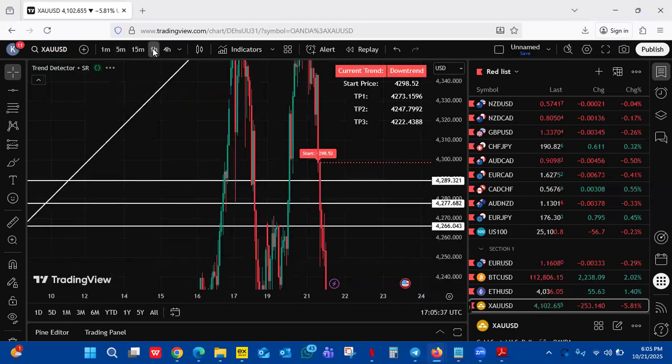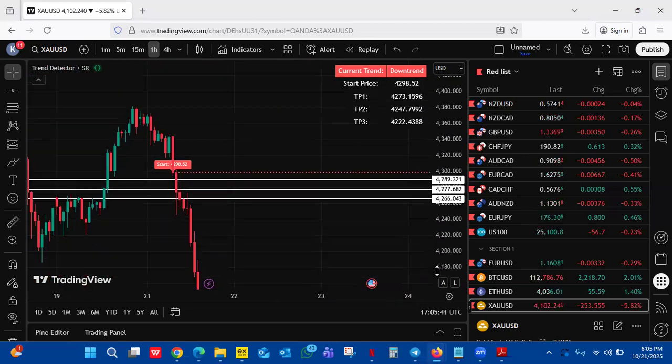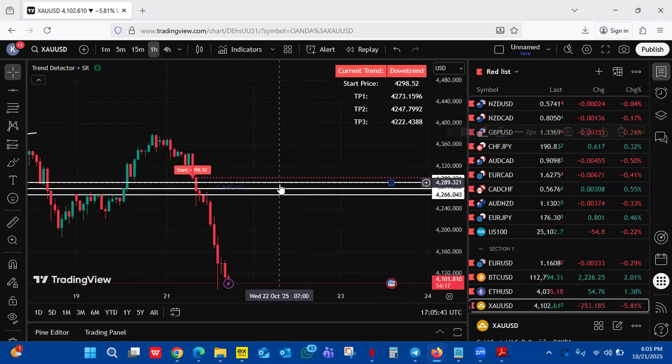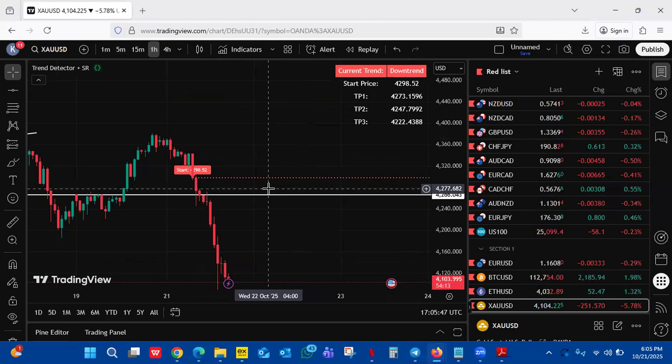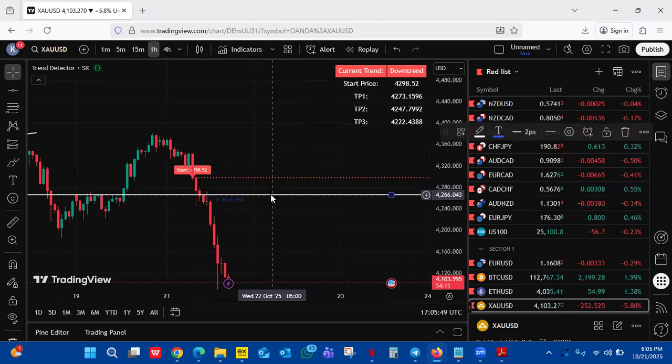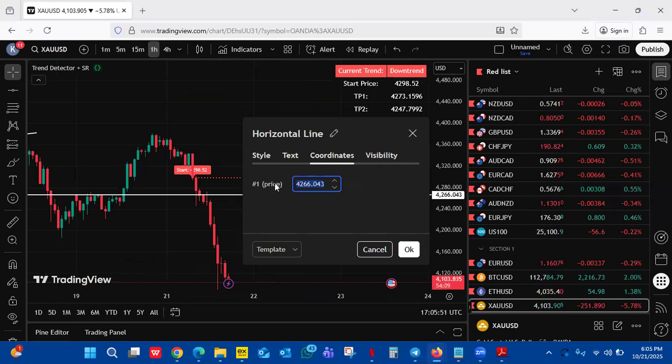If I move over to the 1 hour time frame, let's remove this and take away this. TP1 is 4273.1596.